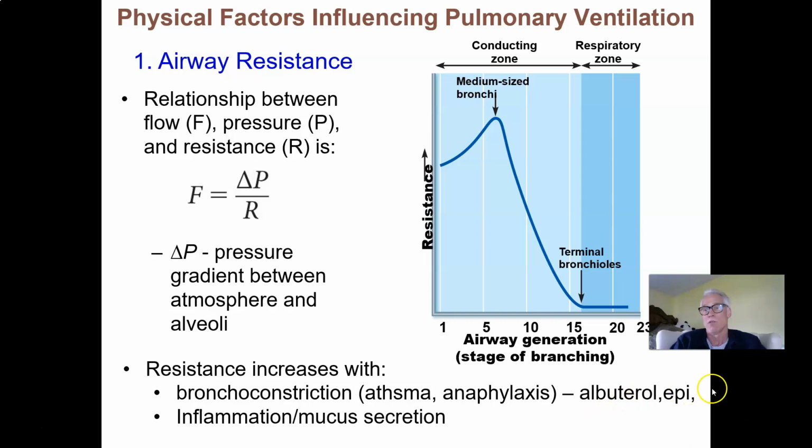The most commonly used chemical for moderate asthma, for example, is an inhaler that has aerosolized albuterol, which is a beta-2 agonist, which causes bronchodilation. But in emergency situations, if we have systemic anaphylaxis, we may use an EpiPen, stab it right into the body and get some pure epinephrine into the blood, and that will cause bronchodilation and help get the ventilation more easy.